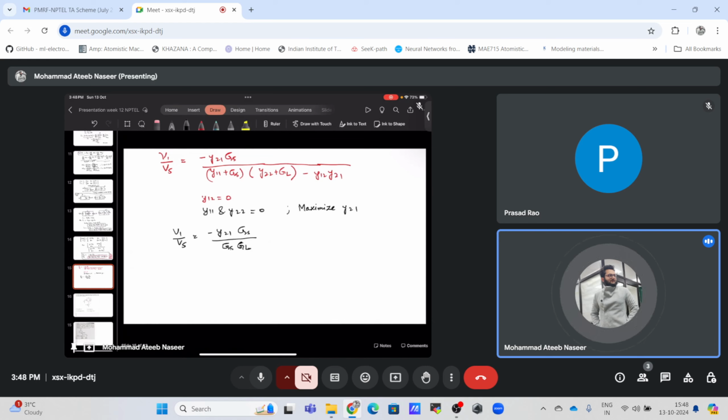So Gs and Gs will go, and V1 by Vs will simply be minus Y21 times Gl.